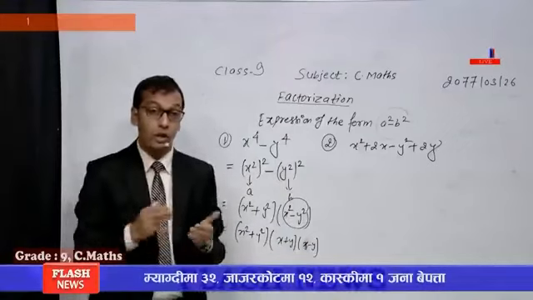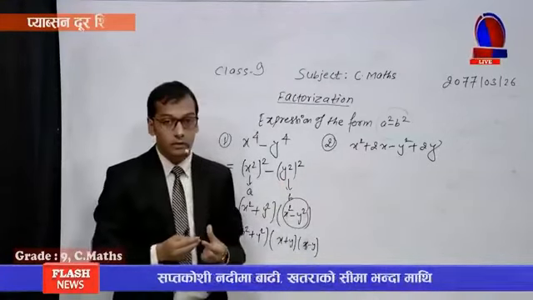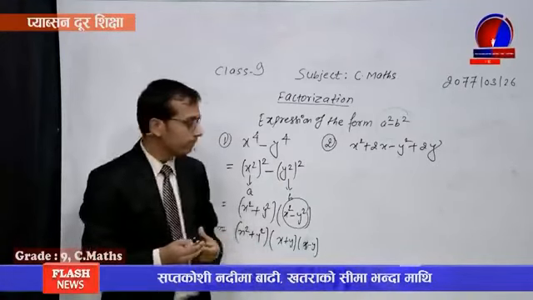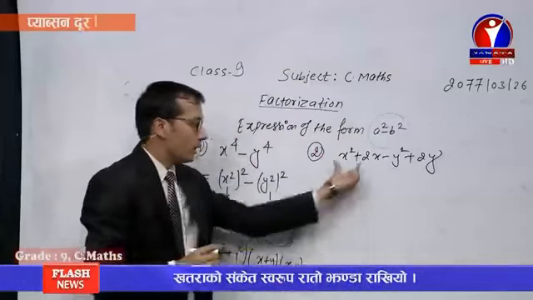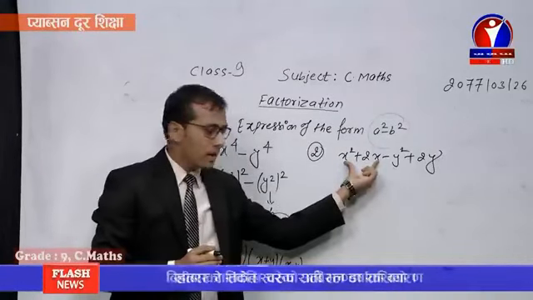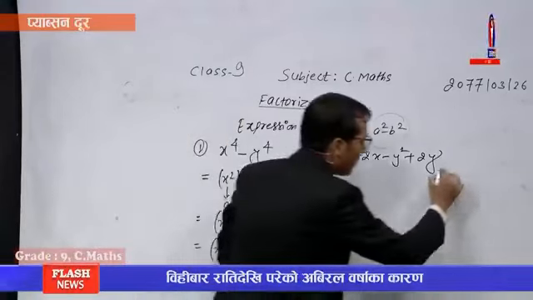Then we try to rearrange by grouping the terms and we proceed. If we simply take common from first 2 terms and next 2 terms, let's see what we will obtain here.